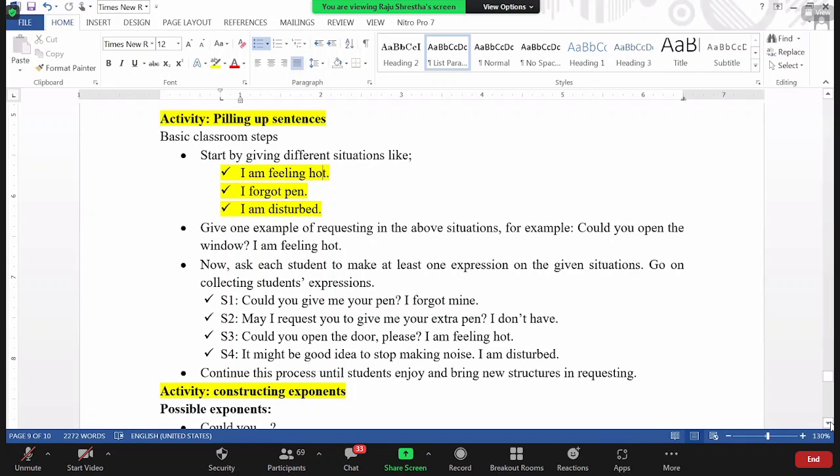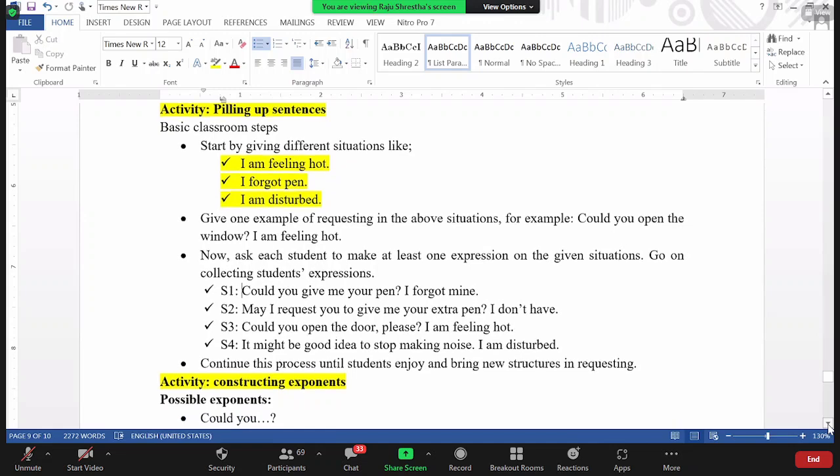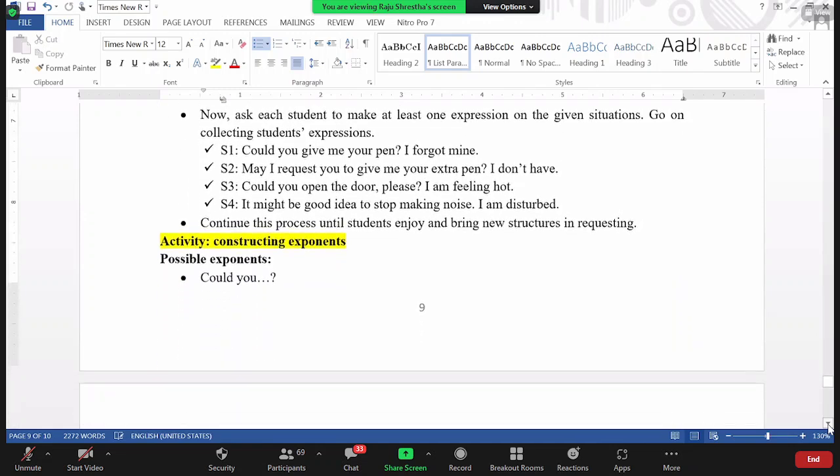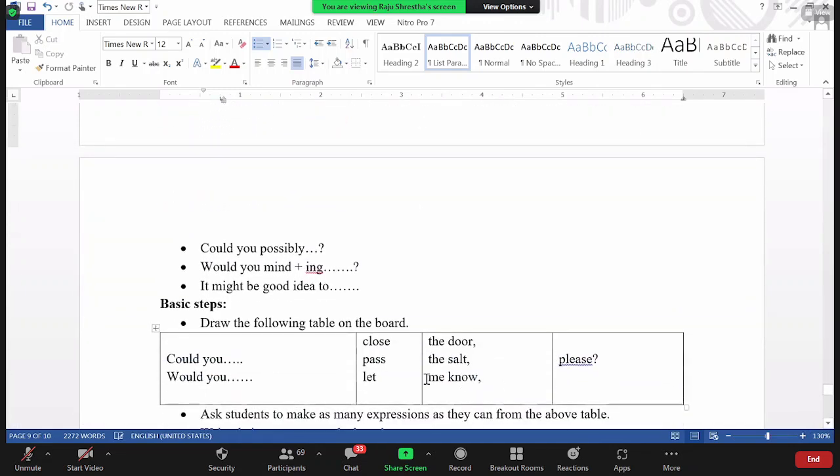Any kind of function that is asked to teach using different activities, piling up sentences can be one common useful activity to teach any kind of function. So the process is this. Student 1 says, student 2, student 3, student 4, student 5, like this. You go on preparing like this and constructing exponents. We can use this kind of structure. You are familiar, and this is also common to all.